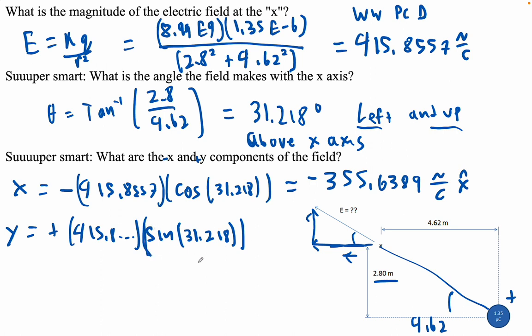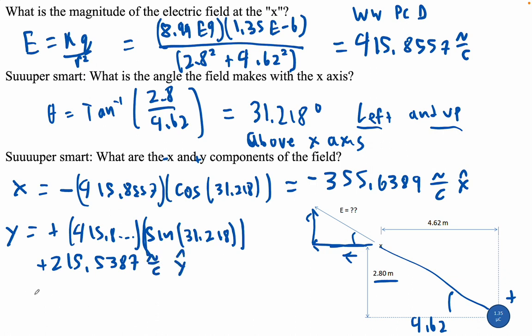I got to close the parentheses. Got to be hyper about that. So I'm going to grab that value on my calculator times sine of the angle, and this is positive 215.5387 newtons per coulomb in the y direction.